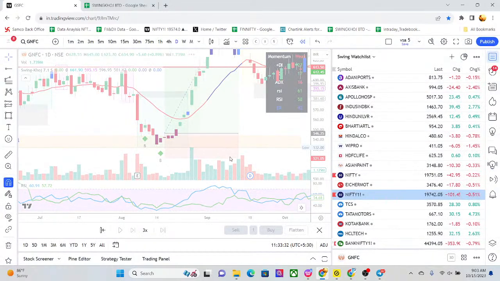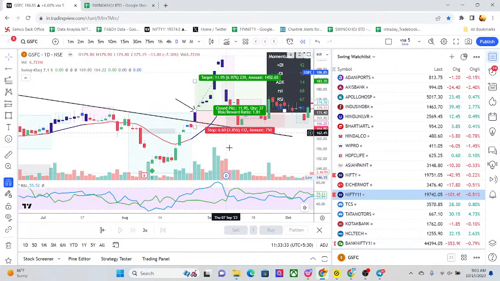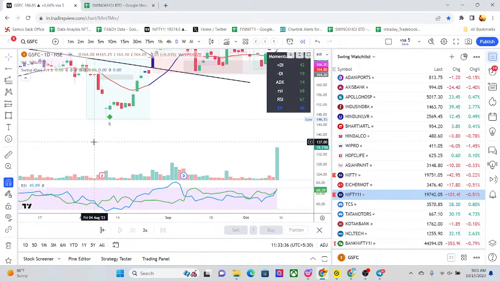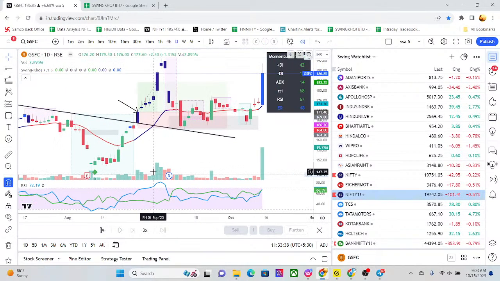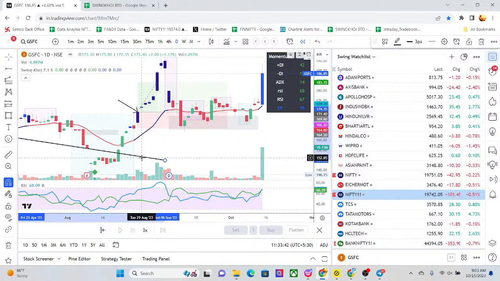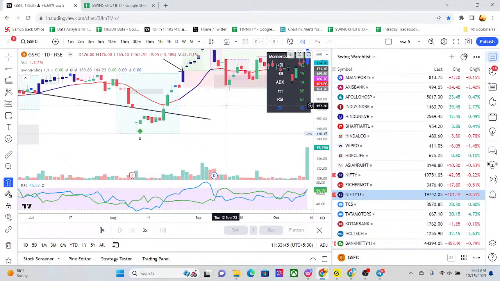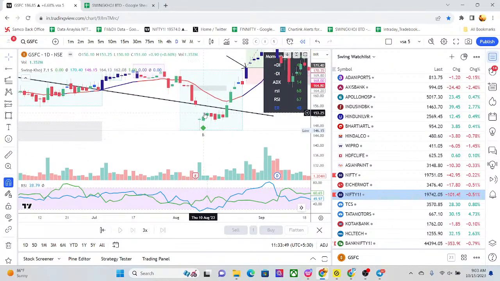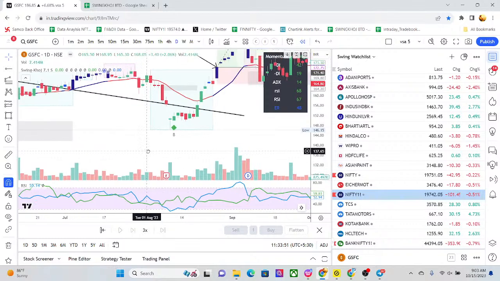I think that's kind of bottom. So these two trades we got at bottom, and also added some here. So it was a good trade. If you are having a fixed watch list, then you will be able to find them better.